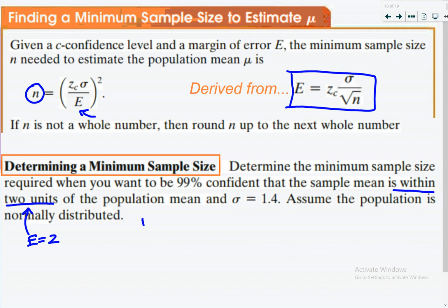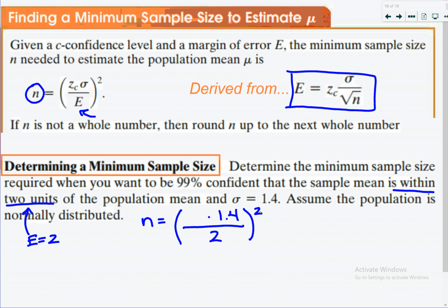All right, so n equals, I'm going to need to figure out my critical value of z, times population standard deviation, which is 1.4, over E, which is 2, and I need to square it. Critical value of z can be found from your paper. 99% is one of our common values at the bottom there.